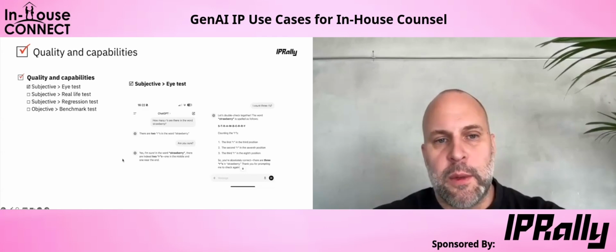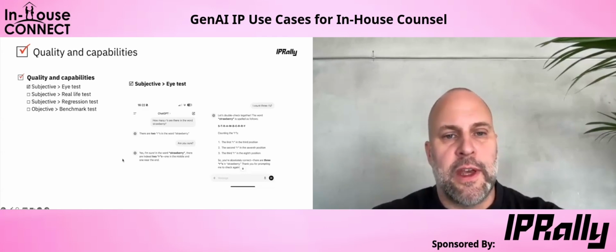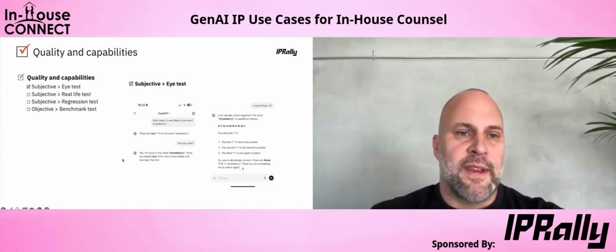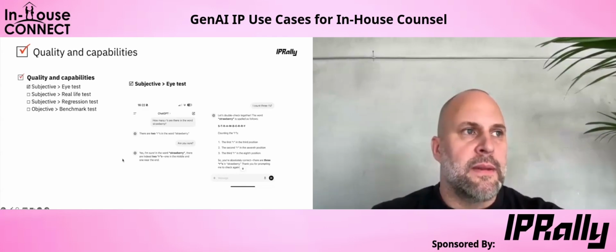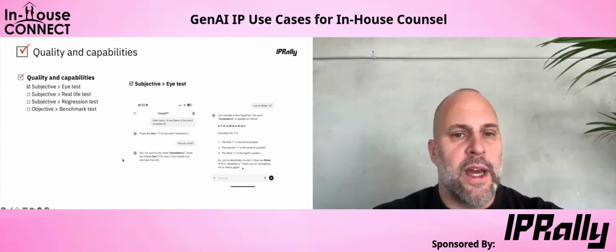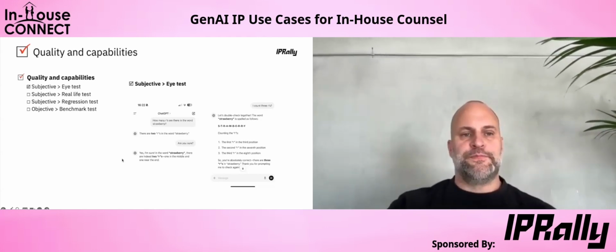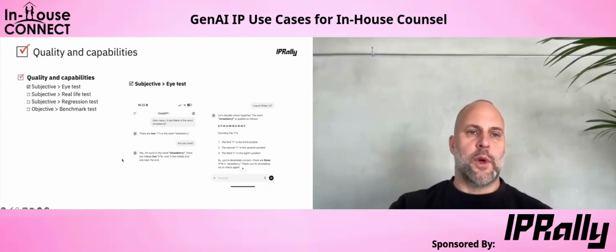It will tell you 2, and it will be pretty confident that 2 is the answer, but we know it's not. So if you see things like this, you can either say that this doesn't work, it's really bad, or you can try to understand why that is and adapt what it is that you want to do. So quality, capabilities, eye test.